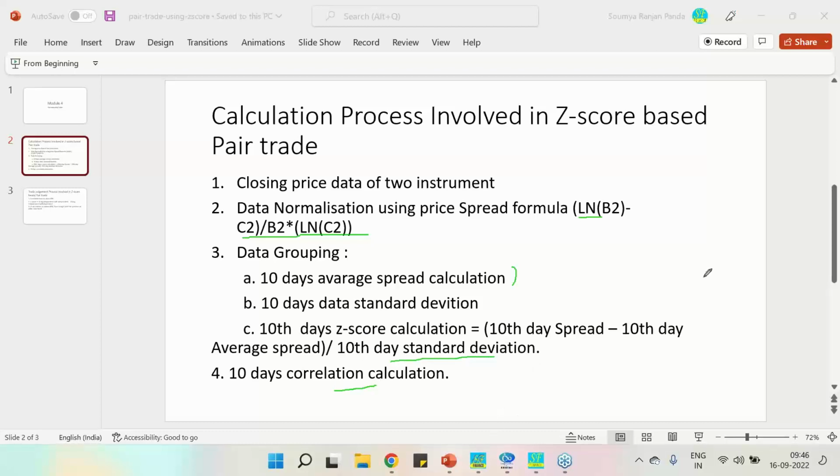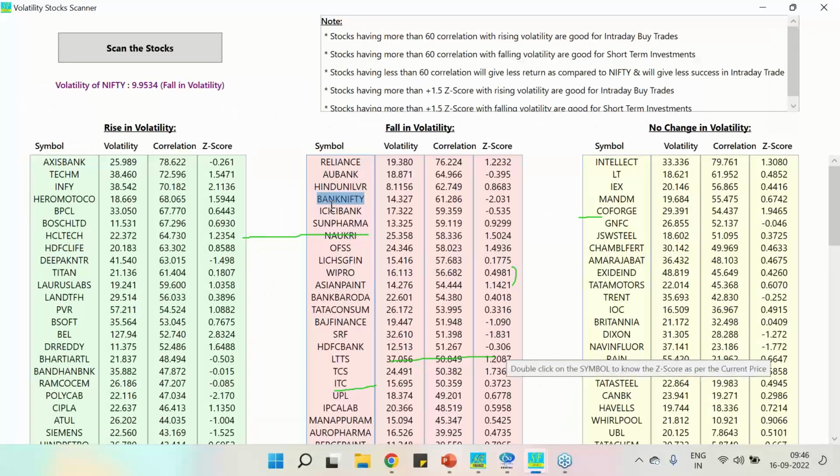So when the Z score suggests you sell Bank Nifty and buy Nifty, very carefully listen, it says how much extra accumulation has happened in the Bank Nifty with respect to the Nifty, how much extra value has been added to it.